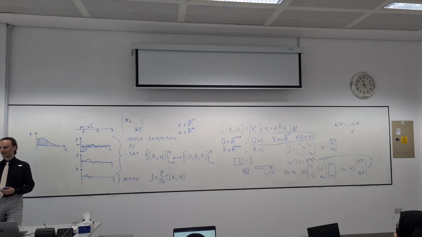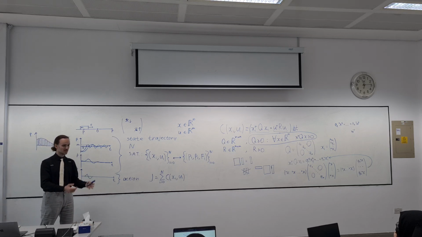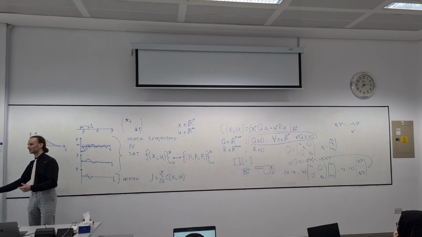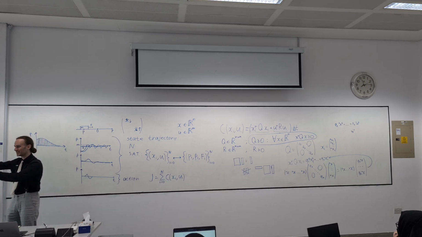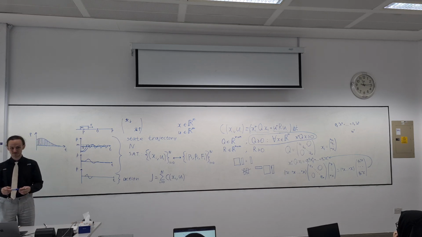Today we're going to derive exactly the specific way of getting to the minimal cost possible. So this cost is like a performance measure: better performance is higher performance and lower cost. We want to minimize the cost.